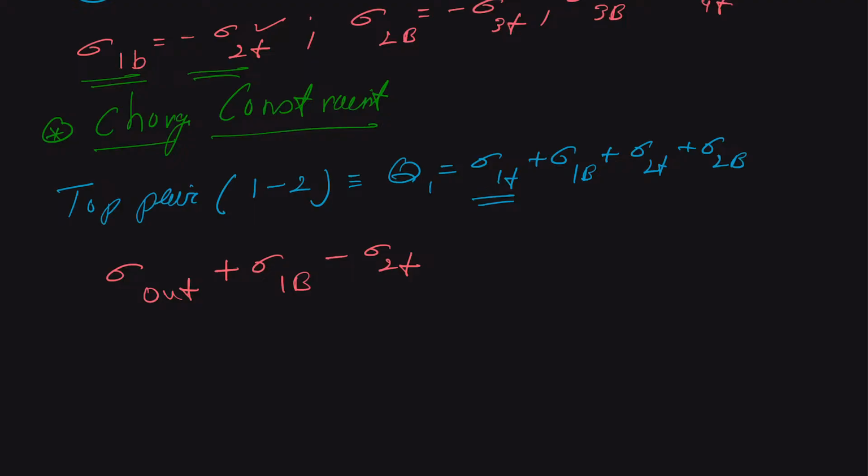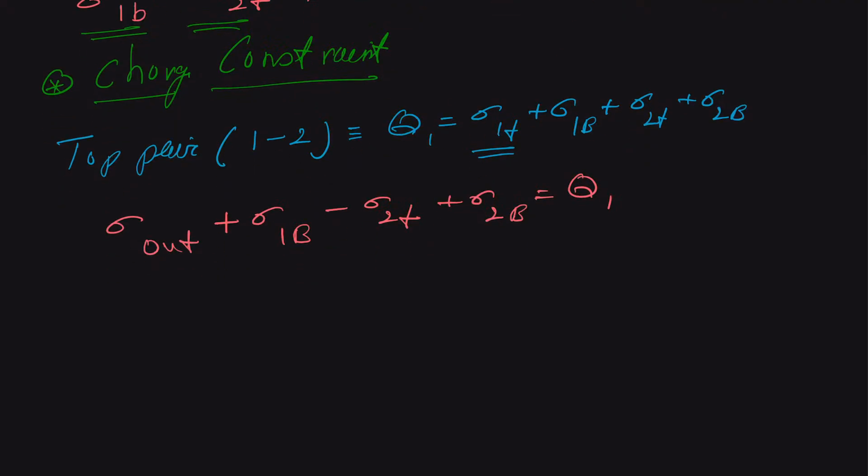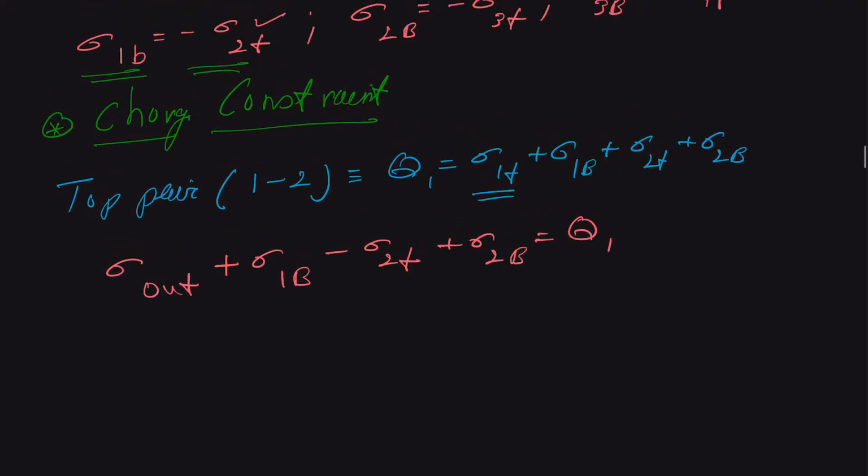and sigma 1 bottom, sigma 2 top, and this comes as plus sigma 2 bottom, and this entire thing is equal to our Q1. Sorry, I wrote the same thing repeated.